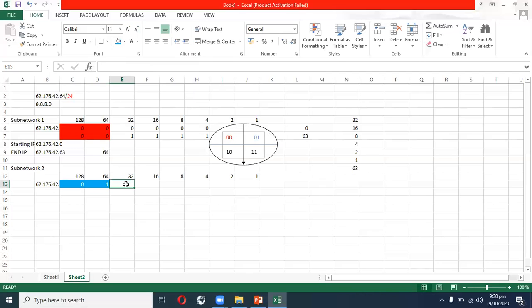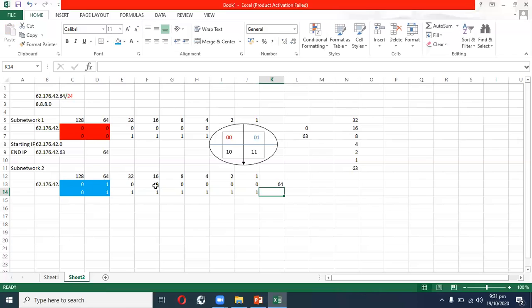So what we will do? First, we will write all zeros. When we add all zeros, we get 64. So our starting IP will be from 64. Now our end IP: because these are fixed, we will not change them, and the rest we will make all 1.